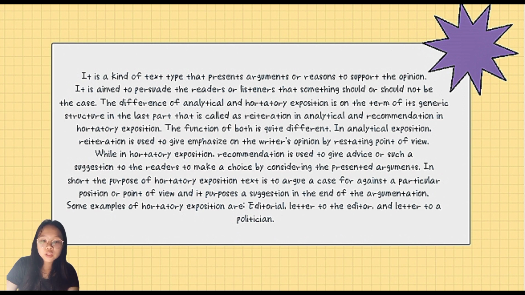In analytical exposition, reiteration is used to give emphasis on the writer's opinions by restating the point of view, while in hortatory exposition, recommendation is used to give advice or a suggestion to the readers to make a choice by considering the presented arguments. In short, the purpose of hortatory exposition text is to argue a case for or against a particular position or point of view, and it proposes a suggestion at the end of the argumentation.